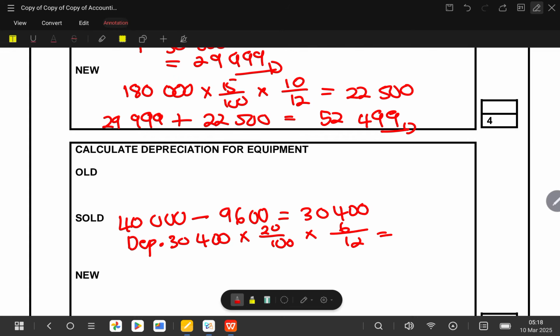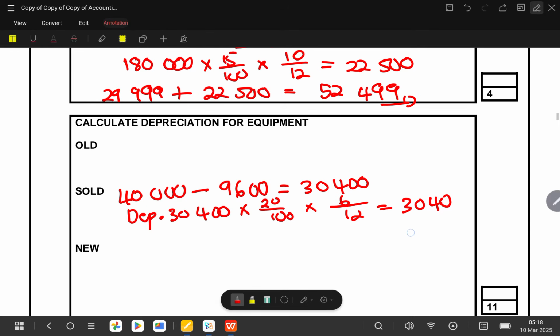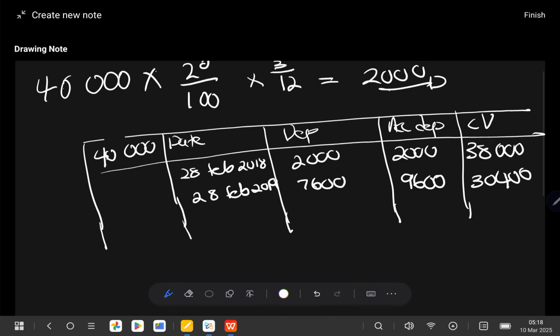So 30,400 multiplied by 20 divided by 100 and then multiply by 6 divided by 12, it is giving us 3,040. Okay, then this 3,040, when you go to your note, is your depreciation for the year.